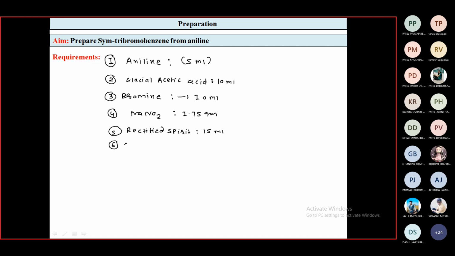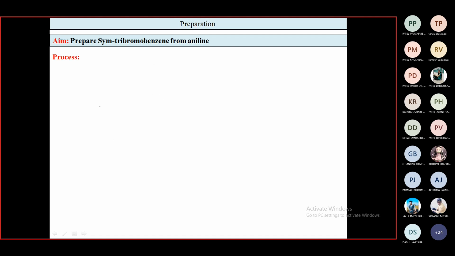Concentrated H2SO4 required is 1.8 ml. These are most of the reagents you need to carry out the experiment. Now you can start the process: take the aniline and add a bromine solution, so you get the brominated product.